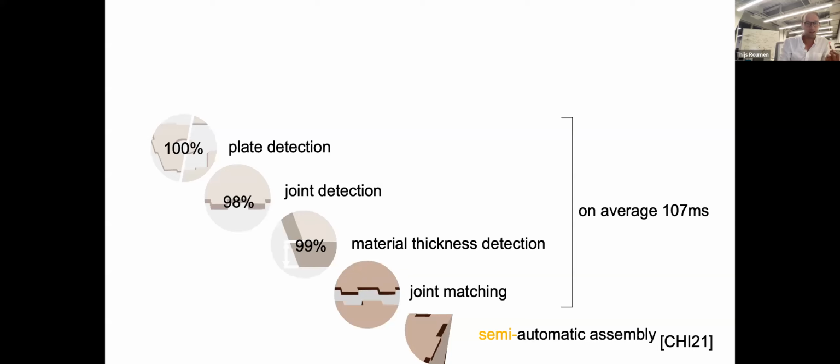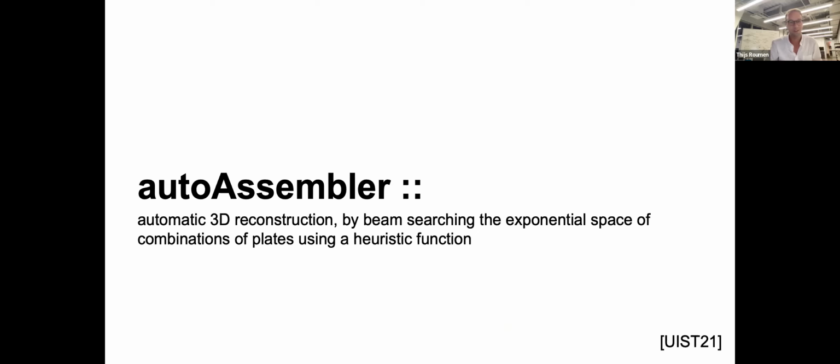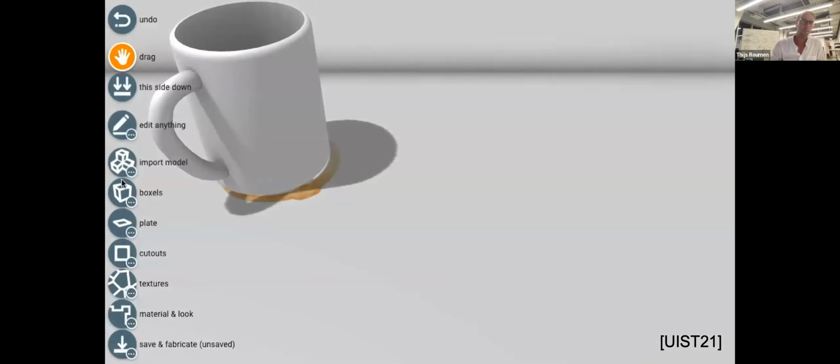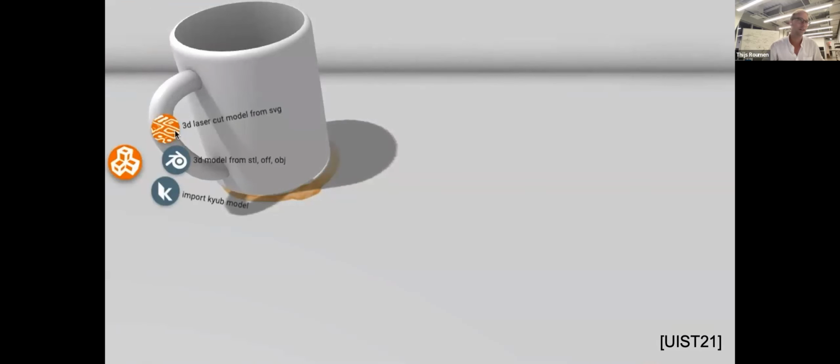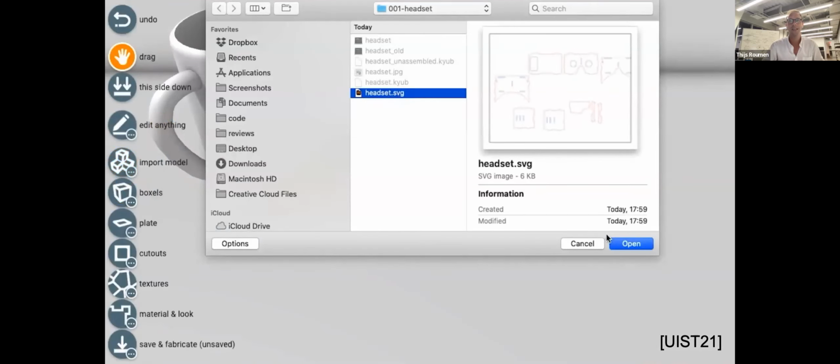So in a follow-up paper, we tried to address that problem by automating that process, with a software system called AutoAssembler. AutoAssembler does automatic 3D reconstruction by beam searching the exponential space of combinations of plates using a heuristic function. And the same workflow that I've shown you before now looks like this. A user again loads the same 2D cutting plan into the editor.